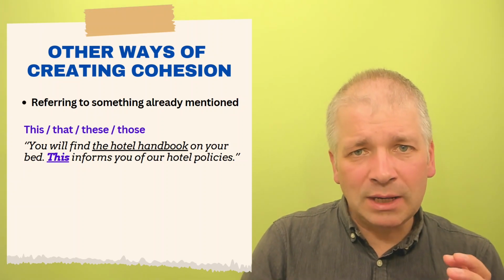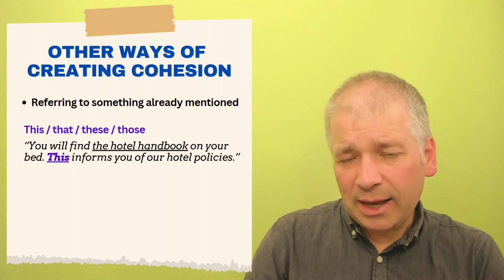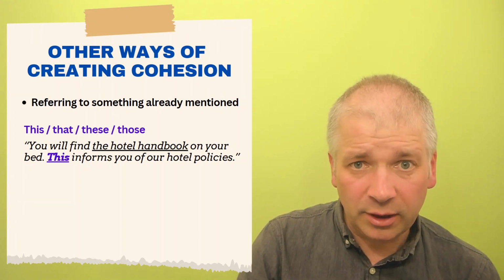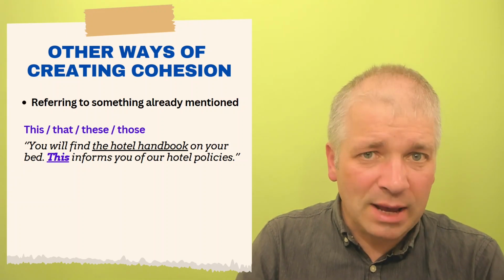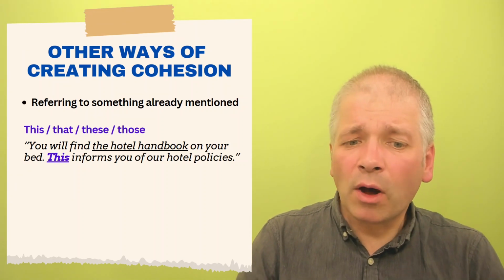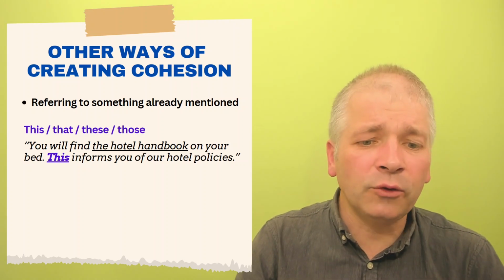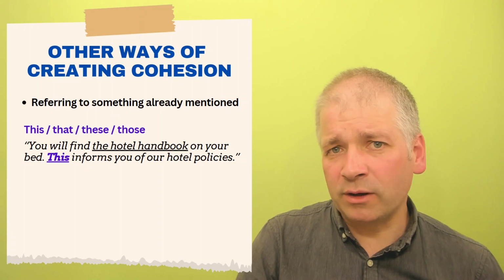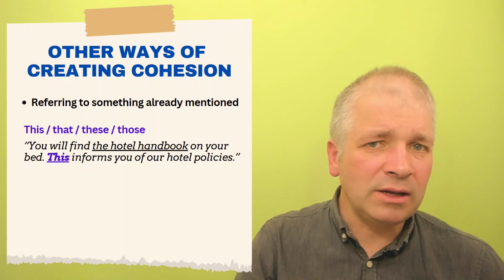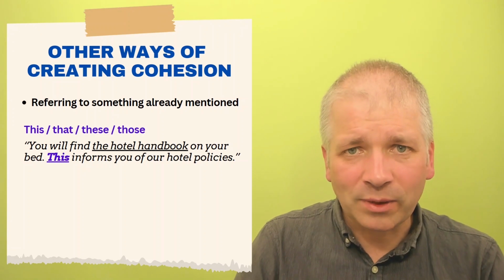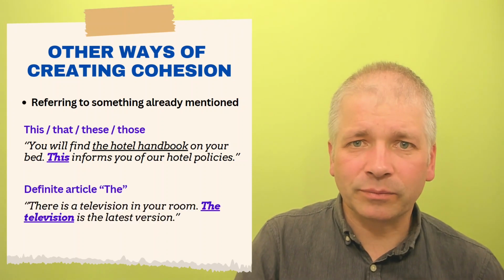It shows the relationship between the second sentence and the first. This is a replacement word for the phrase underlined in the sentence before, the hotel handbook. So rather than just repeating the words the hotel handbook again and again, we replace it with another word, this, that tells the reader or listener to go back to what they heard before, and that creates cohesion.